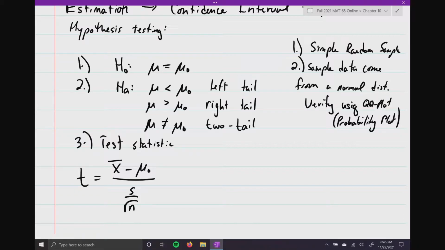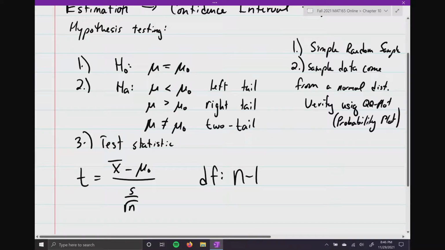But with the T, you got to be careful because you got to remember your degrees of freedom equals N minus 1.